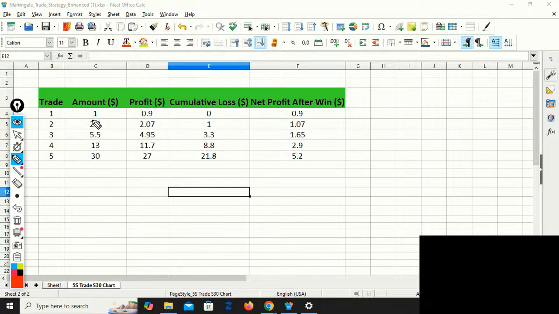If you lose, this is the second trade amount. This is your net profit after recovering the previous loss, and so on. Usually, I prefer to stop at this level. However, I'll add a fifth trade to stress test the strategy.